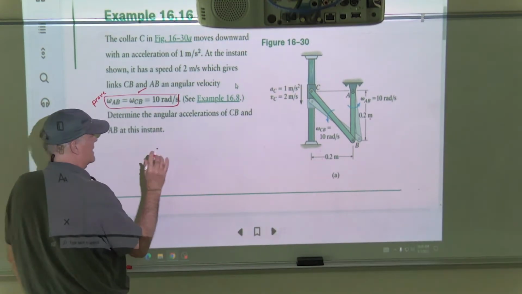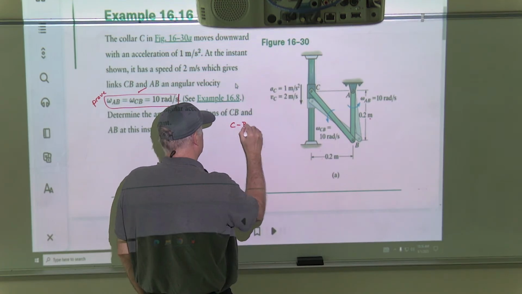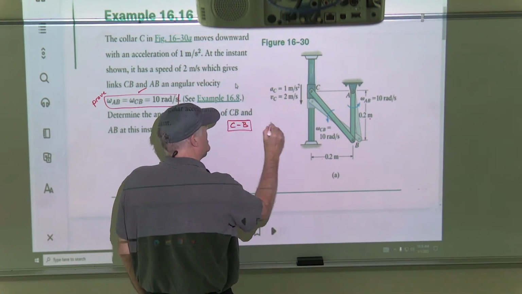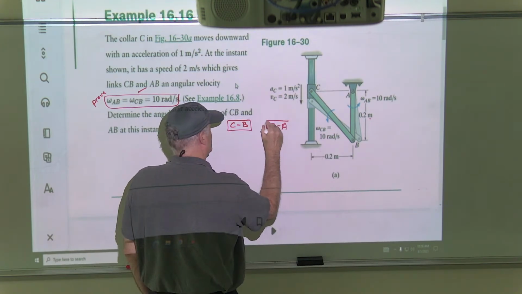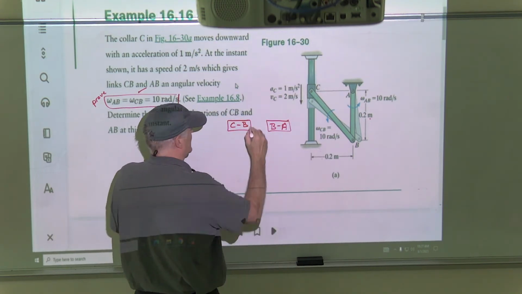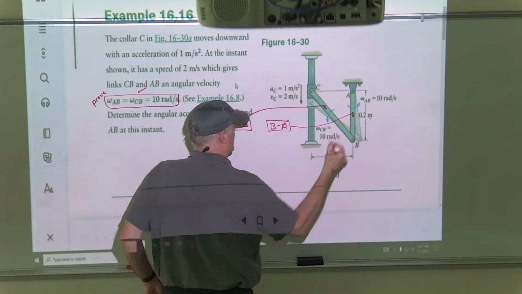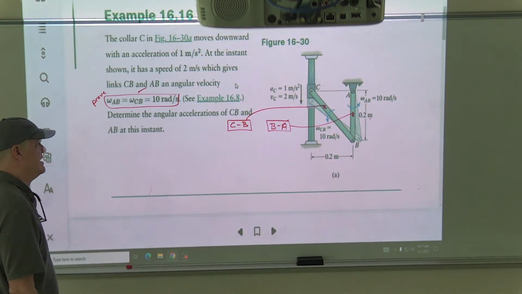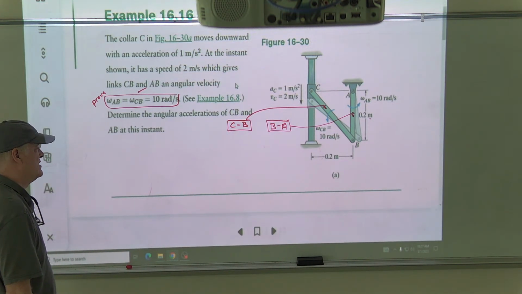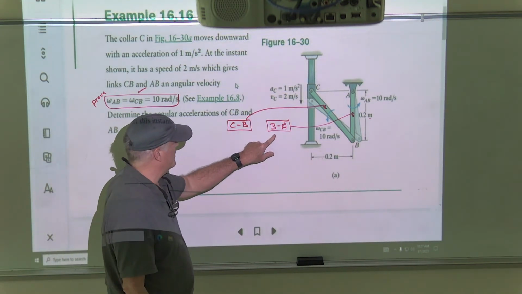We got to link C and B. So we got to link C to B. We have that one. We have a link B to C, sorry. So we have 2 links. This one and that one. And since I don't know which one would be best to do first, I think I'm going to do this one first.